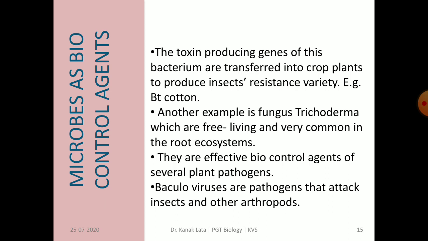Why is it called so? Because they don't have any negative impact on plants, mammals, birds, fish, or even on non-target insects. So that is why it is called species-specific narrow spectrum insecticidal application.